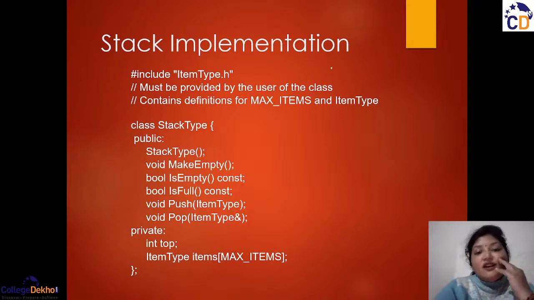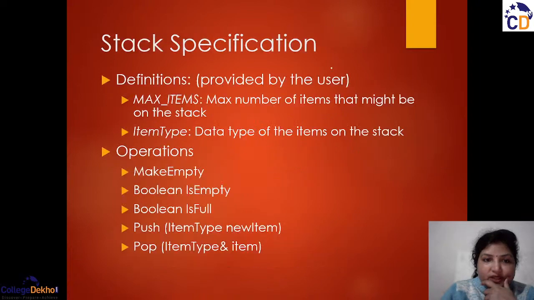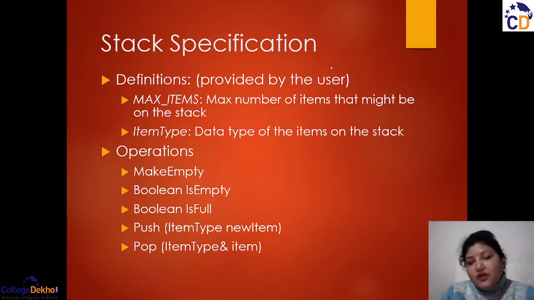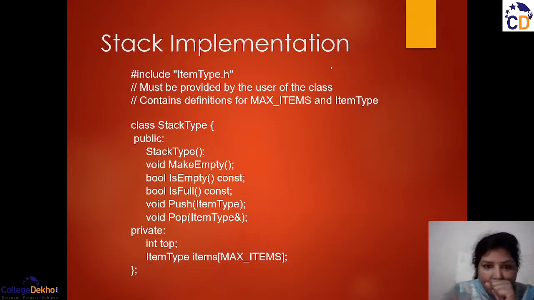First you have called the constructor, that is stack type. Then, I told you, these are the different functions that we are going to use: make empty, is full, push, and pop operations. These operations are called member functions of the stack, right? This is what we have initialized, right?